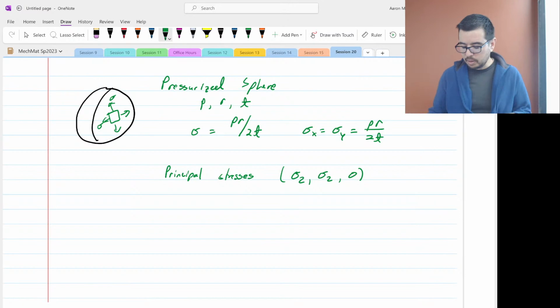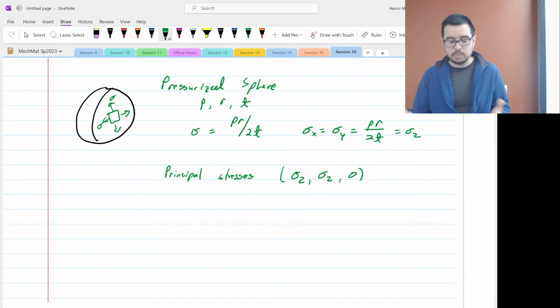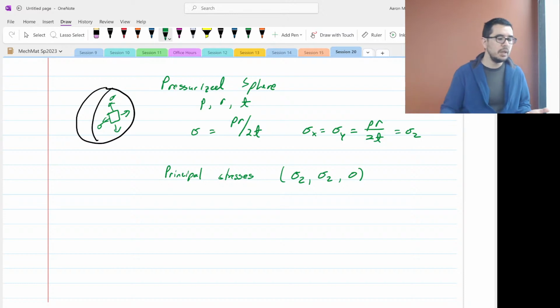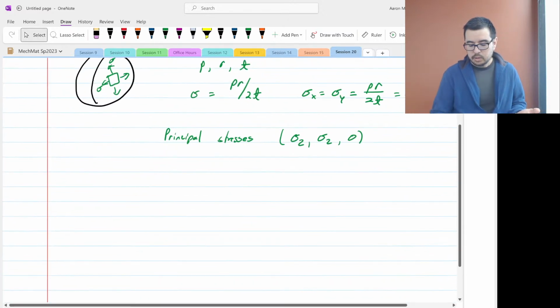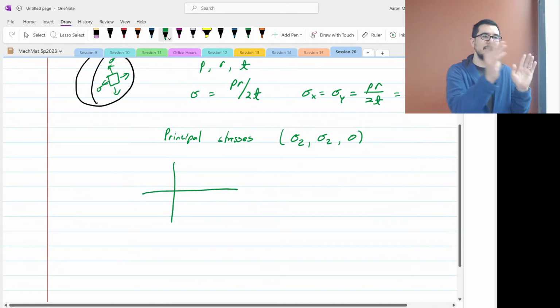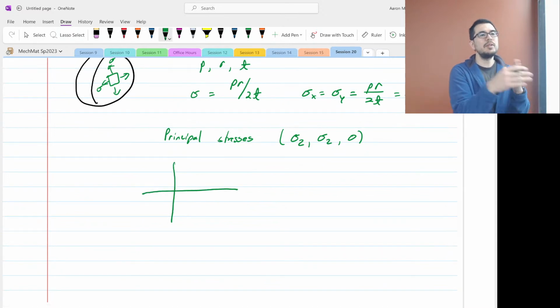But this is sigma 2. So these are the principal stresses. Your question was about session 19, but we're going to take this opportunity to apply what we just learned in session 20 as well. Let's first look at the session 19 perspective.